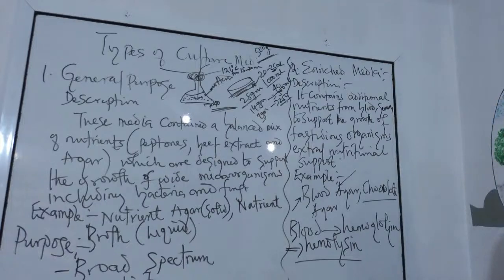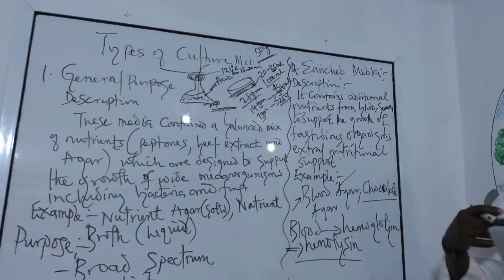I want to give you time briefly so that you'll be able to copy what we have. But don't forget that nutrient agar is broad spectrum, and it is used because of its simplicity. It is general purpose. You are not interested in identification or in detail.